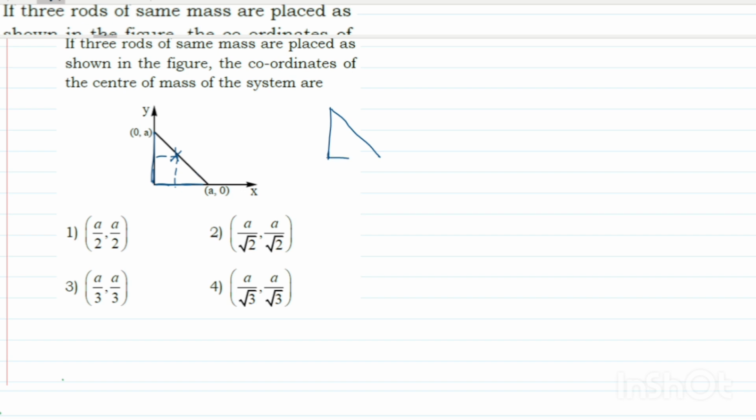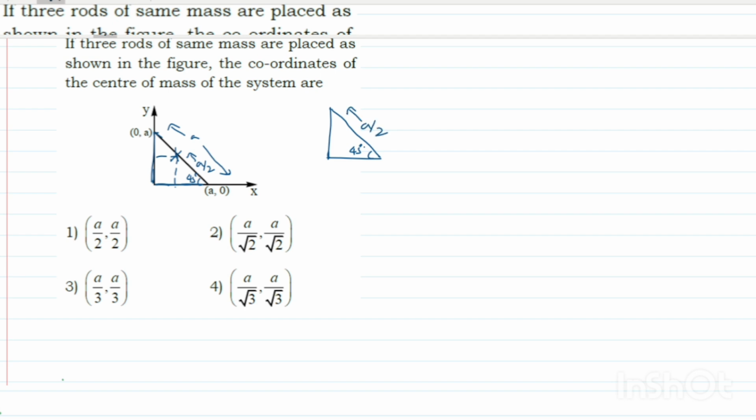This rod makes an angle of 45 degrees. Why? Because both the sides are the same. Taking this as 45 degrees, the side length is given as a, and the center of mass will be located at a by 2 distance. So this is a by 2.